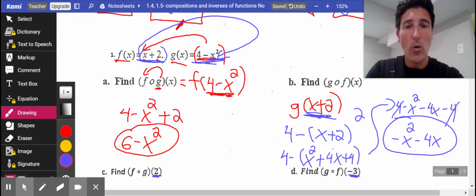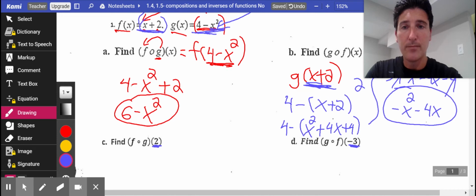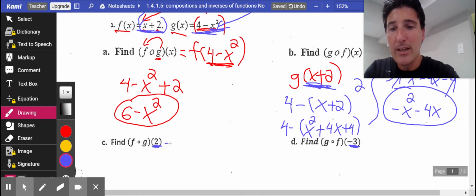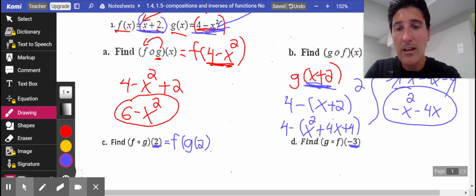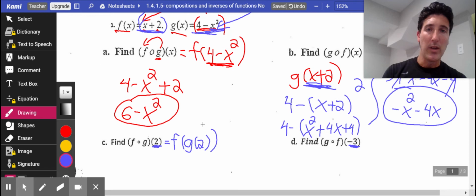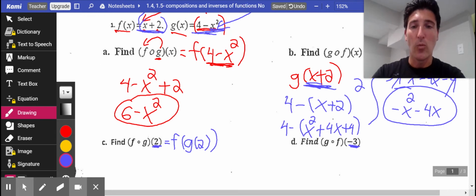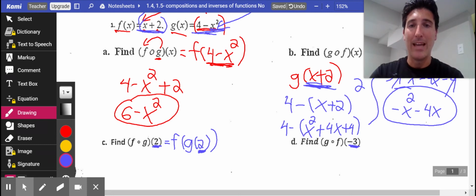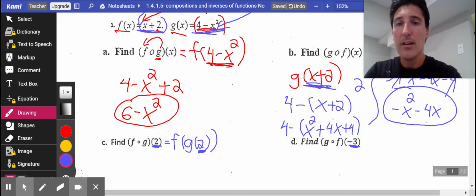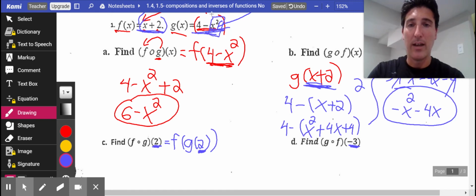So if I were to do this one, what this would mean is we're finding the function of g of, instead of g of x, it's g of 2. So this is all this means. You're just substituting twice. We work from inside to outside, and we're going to plug this 2 into the x for the g of x.